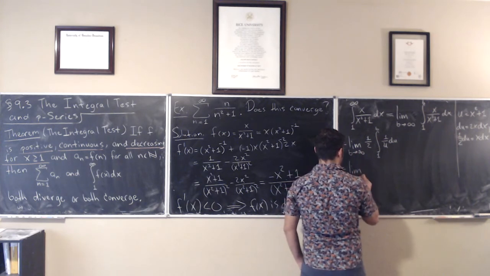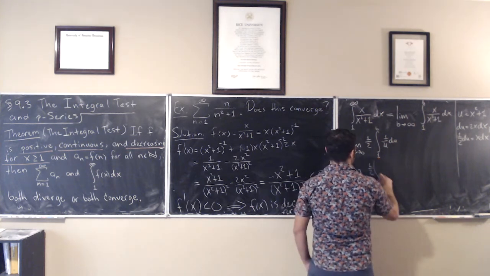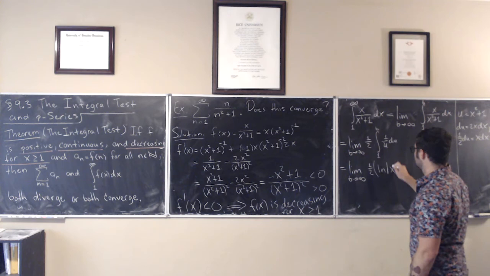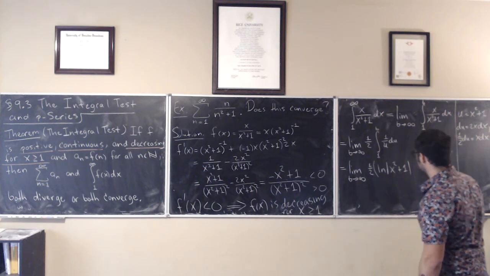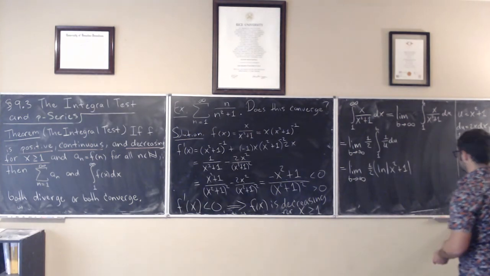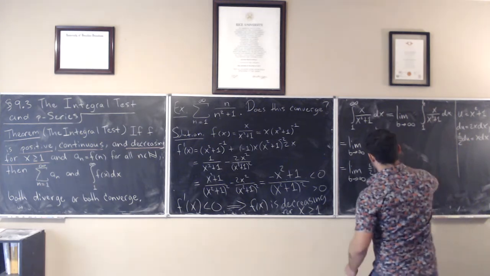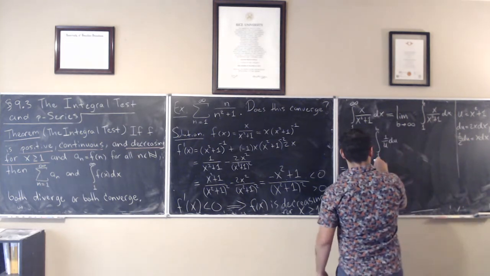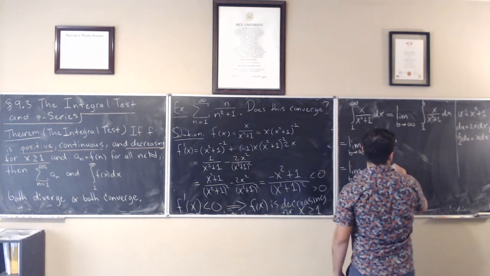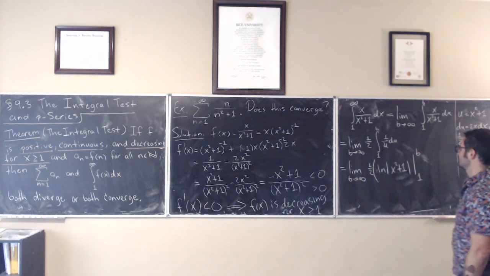So evaluating now this integral, we have 1/2 times the natural log of absolute value of u, which was x squared plus 1, evaluated from 1 to b.